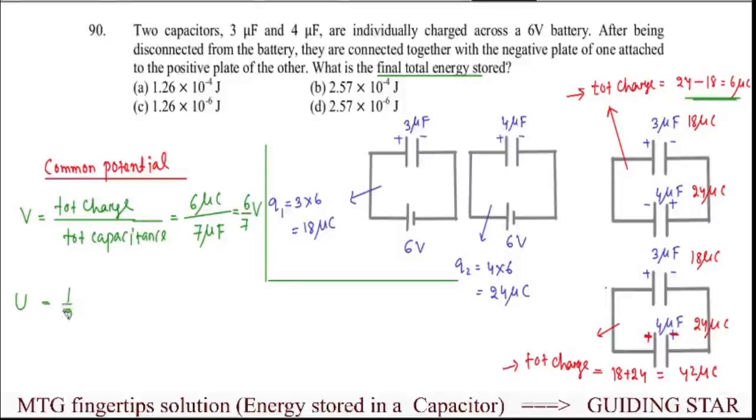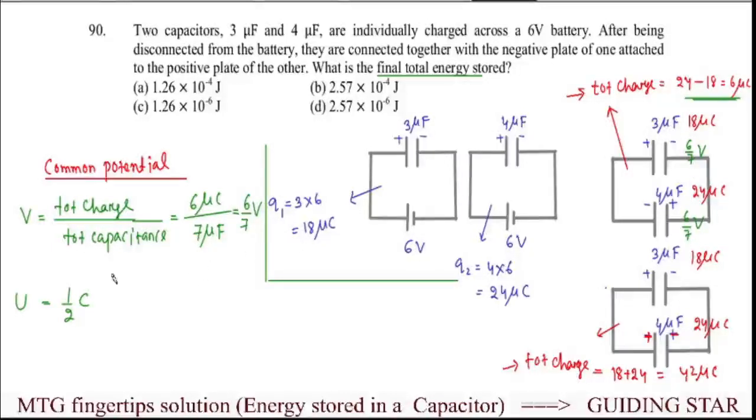It will be half C V square. For the 3 microfarad capacitor, its capacitance into the potential difference, that means the common potential, as both capacitors have common potential. This capacitor has 6 by 7 volt of potential, and this capacitor also has 6 by 7 volt of potential.